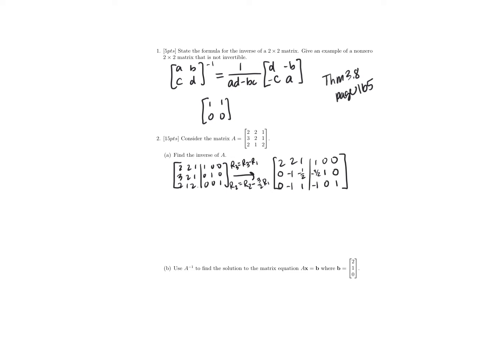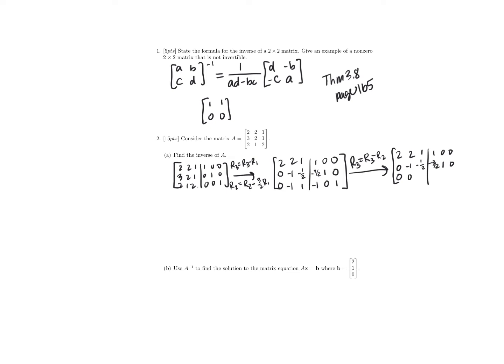So next I'm going to say row 3 is equal to row 3 minus row 2. So 2, 2, 1, 1, 0, 0, 0 minus 1 minus 1 half, minus 3 halves, 1, 0, and then I'll have 0, 0.